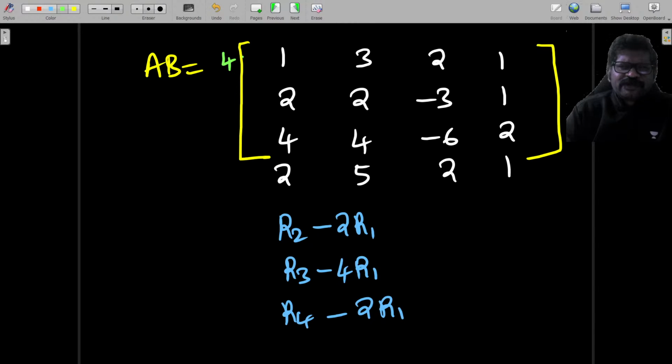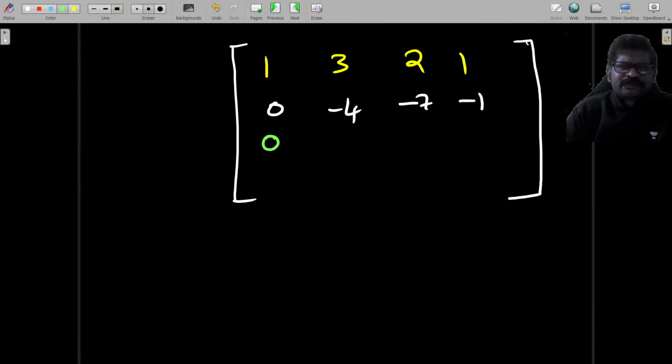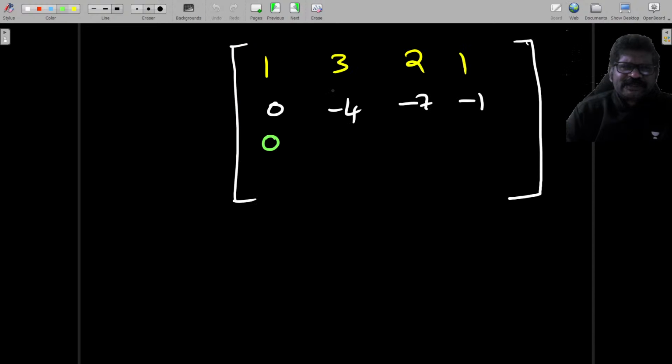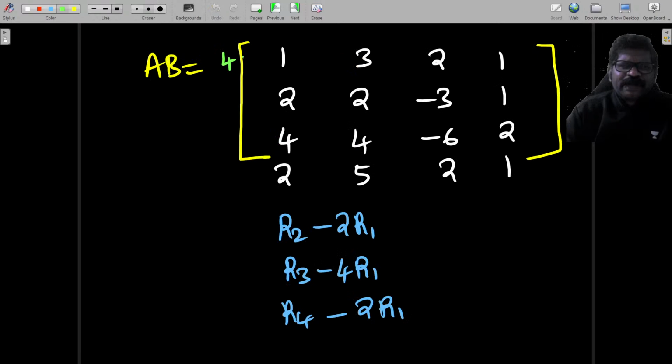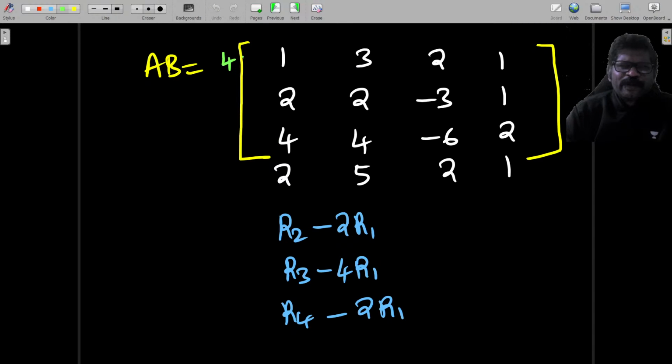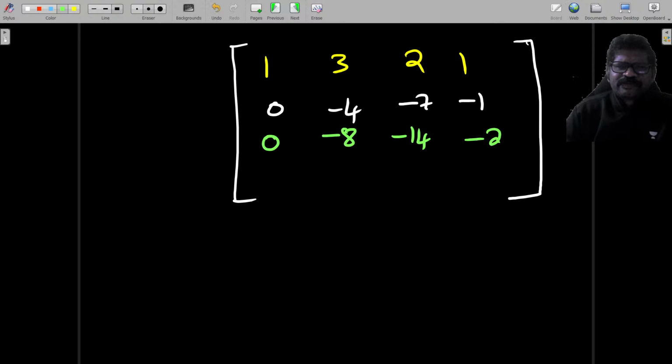Then R3 minus 4R1: 4 minus 4, 0; 4 minus 12, minus 8; minus 6 minus 8, minus 14; 2 minus 4, minus 2.